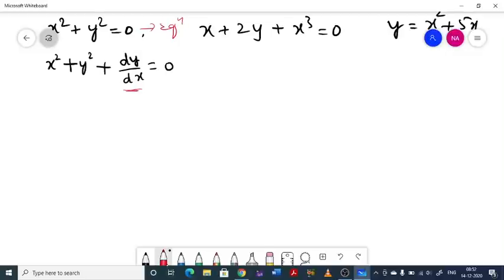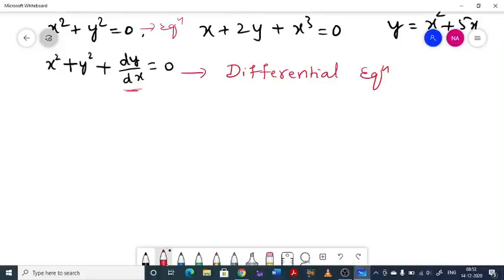So this equation involves derivatives, so it is a differential equation. Any equation involving a derivative symbol or differential coefficient is called a differential equation. See, any relation involving equality is called an equation. Any equation involving a differential coefficient or derivative is called a differential equation.